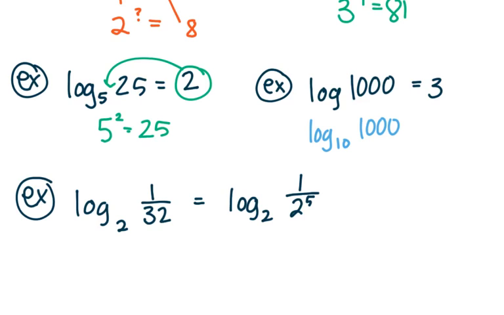So my argument is 1 over 2 to the 5th, which is 2 to the negative 5. So 2 to what power equals 2 to the negative 5? In this case, it's very clear to us that we would get negative 5 as our output.